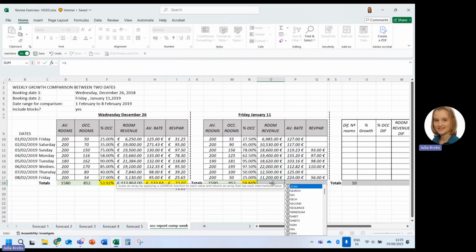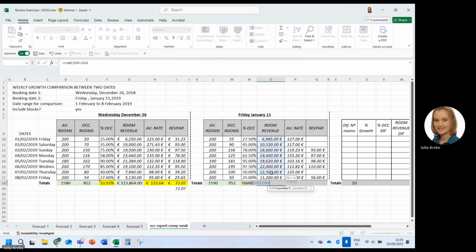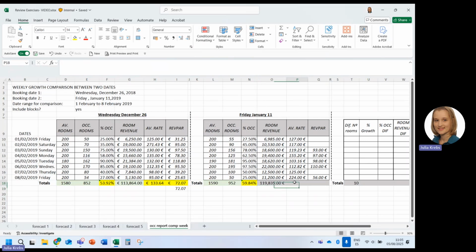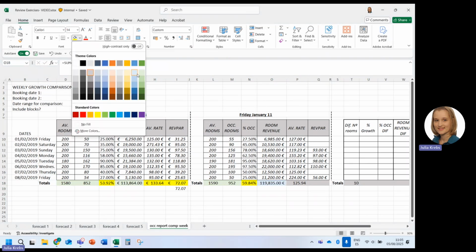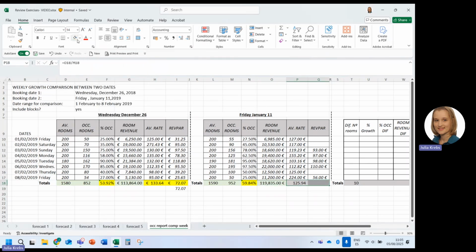Right? So we sum this up, and I need to do revenue divided by rooms sold. So again, this can be a sum, in green, and these two can be in yellow. Okay, now RevPAR, again we can do this divided by this.